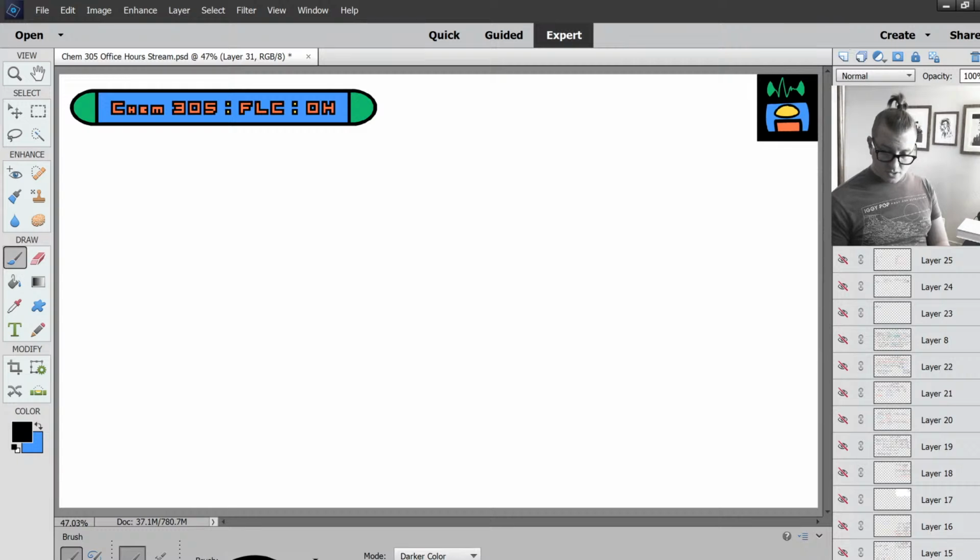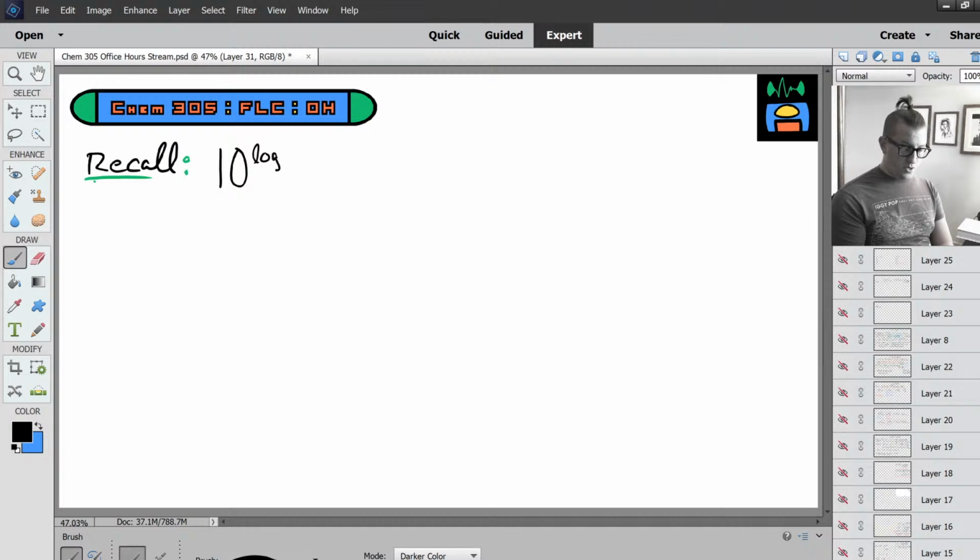So just to give us all a refresher, we used these earlier. Here's the thing you want to remember. If you have 10 to the power of log x, this is just going to equal whatever is in your parentheses, right?